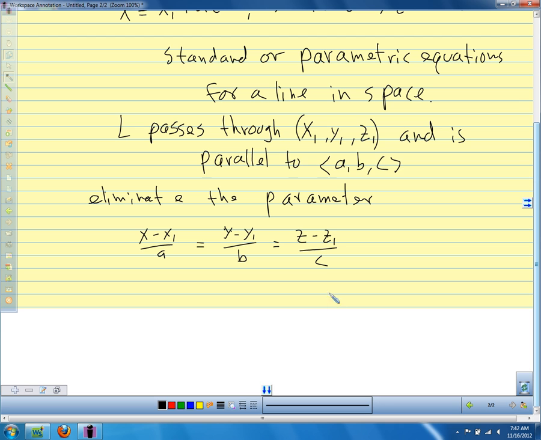Is the law of sines related to this somehow? I don't think so. Okay, so it's the same kind of form, right? And we call these the symmetric equations.